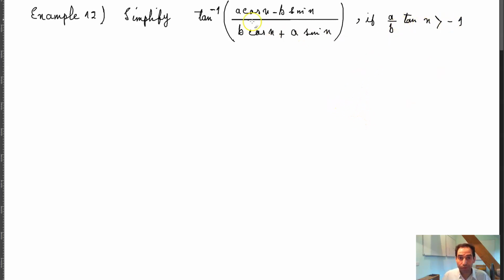So if that's the case, we want to simplify this.